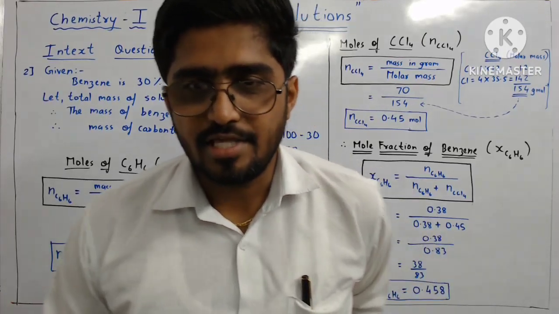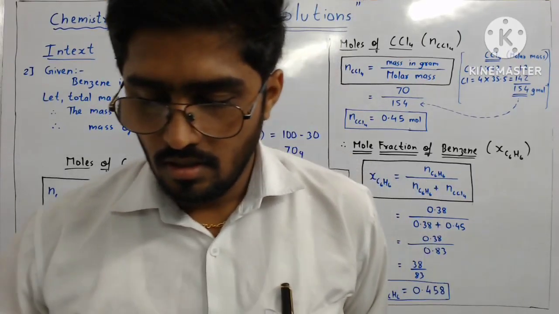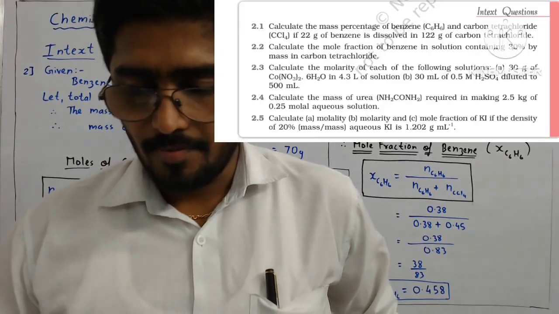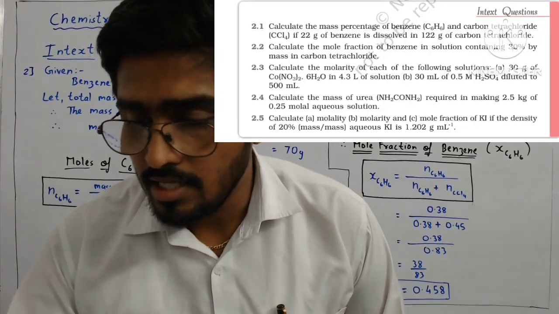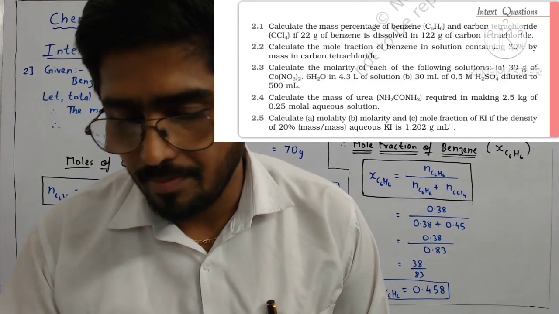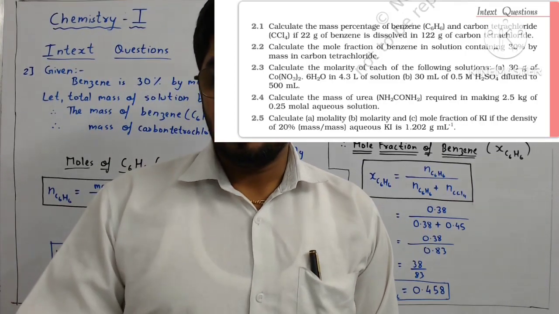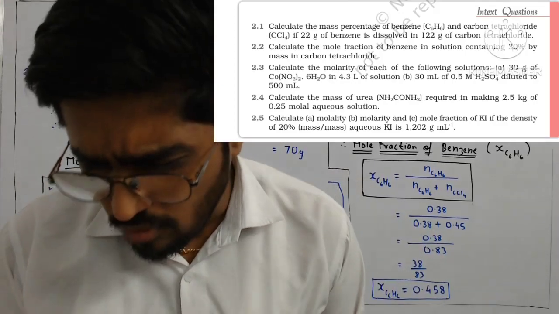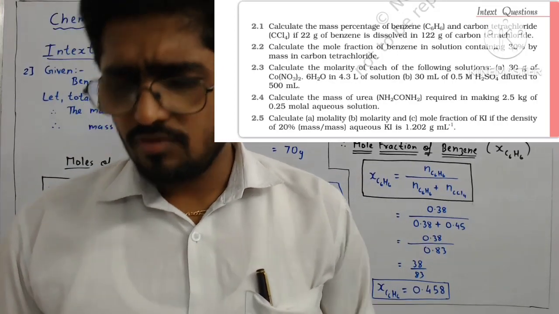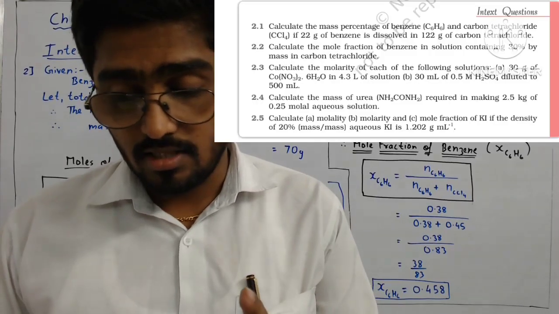Students, read the second question. What is given? Calculate the mole fraction of benzene in a solution containing 30% by mass of benzene in carbon tetrachloride. So we need to find the mole fraction of benzene.